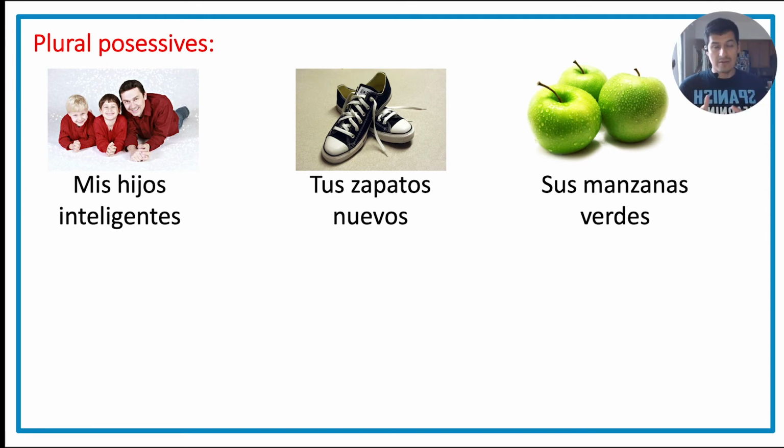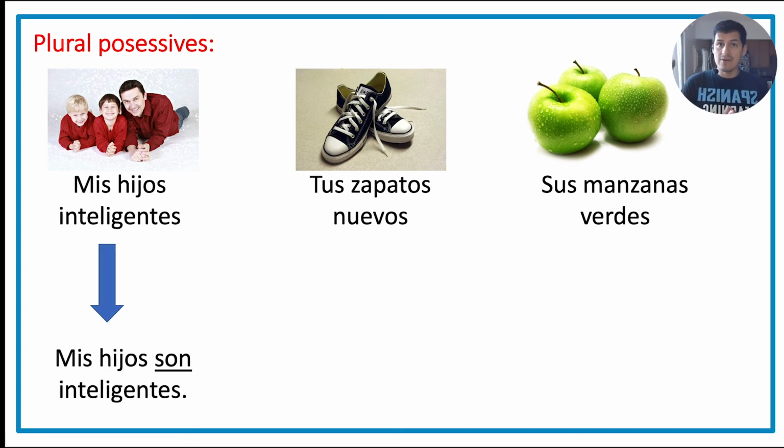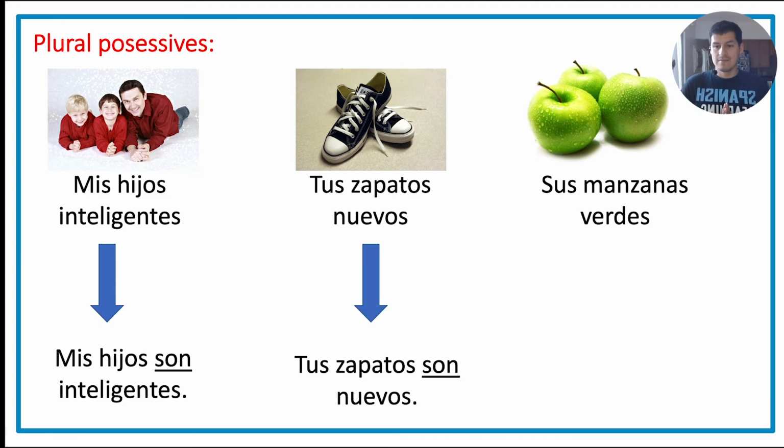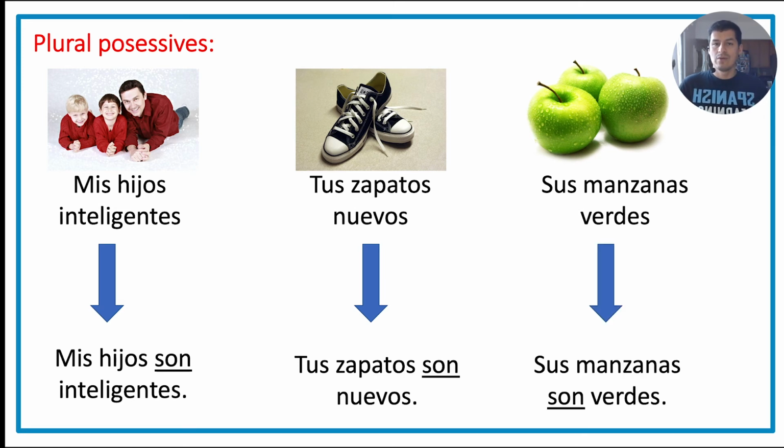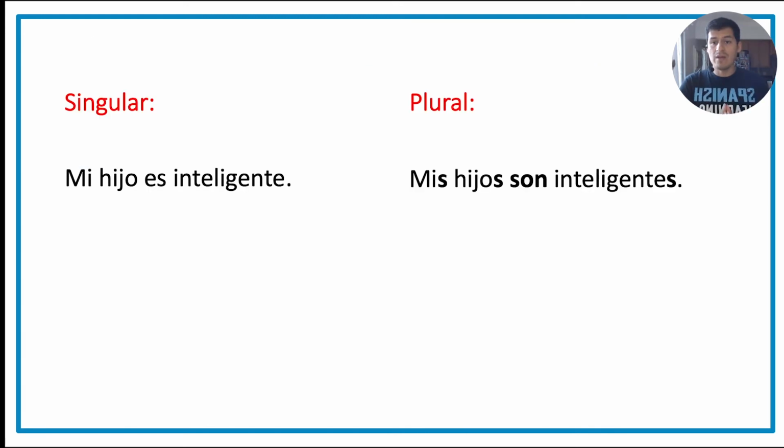Now, let's turn these phrases into sentences. Mis hijos son inteligentes. Tus zapatos son nuevos. Sus manzanas son verdes. Notice how we are using the plural form of all the words in the sentence.